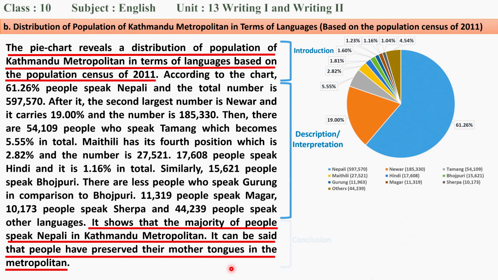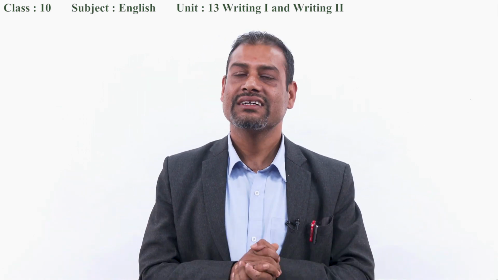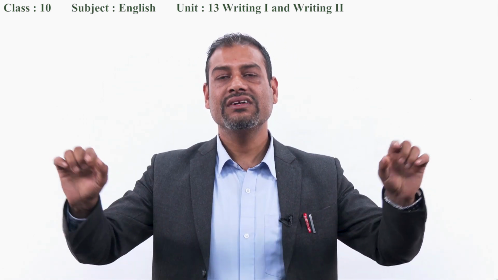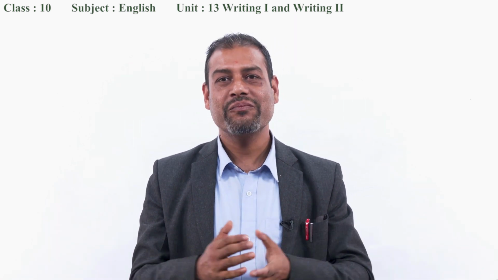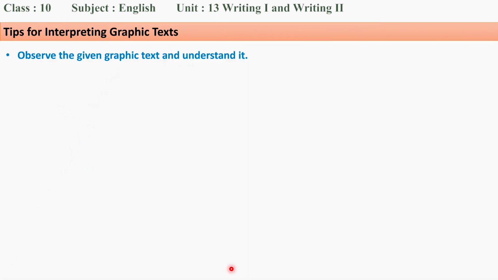Okay? Dear students, now after this, I would like to give you tips for interpreting graphic text. Please write it down in your notebook. Are you ready with your notebook and pen or pencil? Good. Then see, first of all, what you have to do. Observe the given graphic text and understand it. First of all, you have to study.